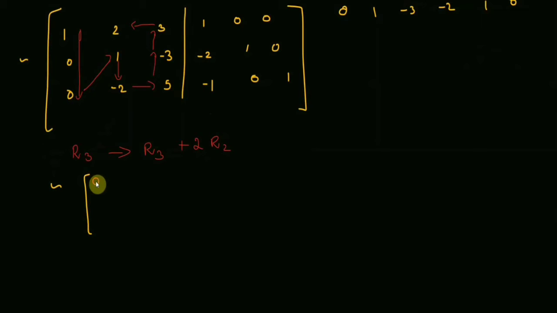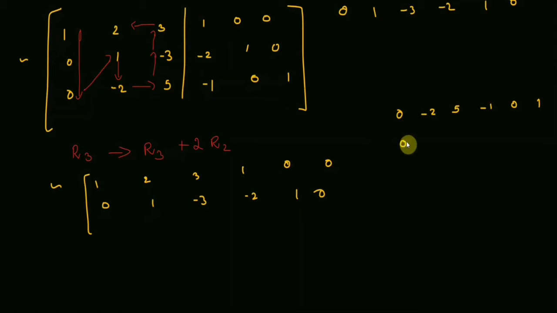The first row as it is: 1, 2, 3, 1, 0, 0. The second row as it is: 0, 1, minus 3, minus 2, 1, 0. The third row is 0, minus 2, 5, minus 1, 0, 1. You are going to multiply row 2 by 2.